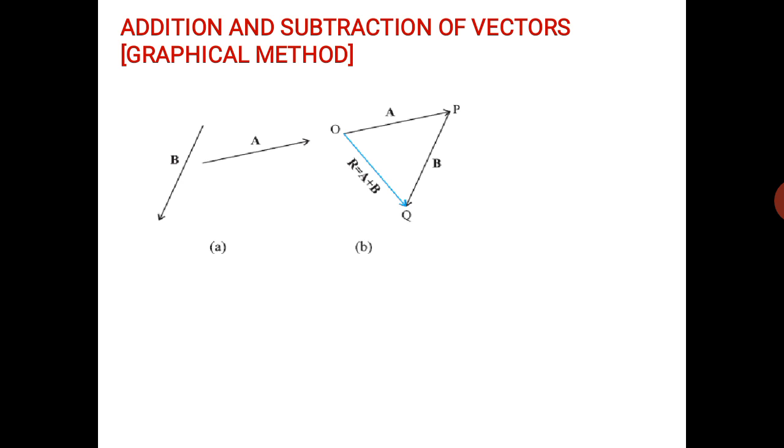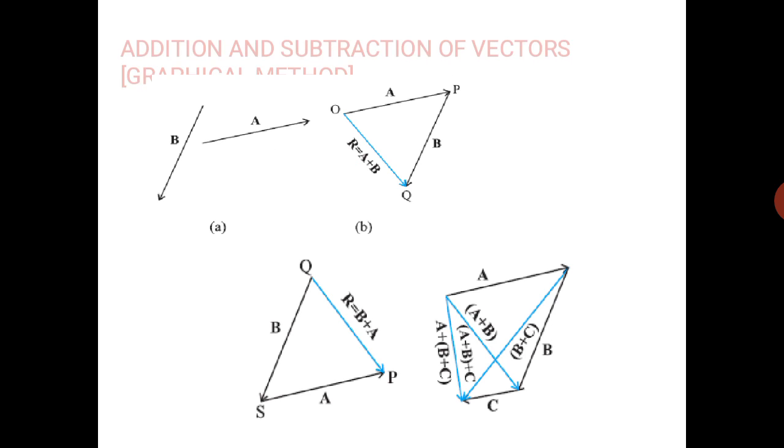We can't say that since one displacement is 5 meter and another is 3 meter, the net displacement is 8 meter. You will get 8 meter only when the first displacement and second displacement are along the same line in the same direction. Otherwise, we have to draw these two displacements along with directions, then we get the net displacement.